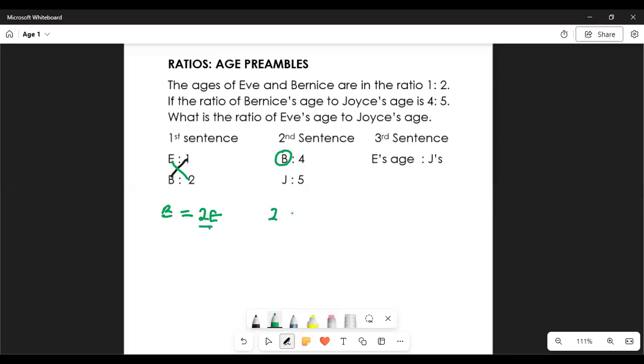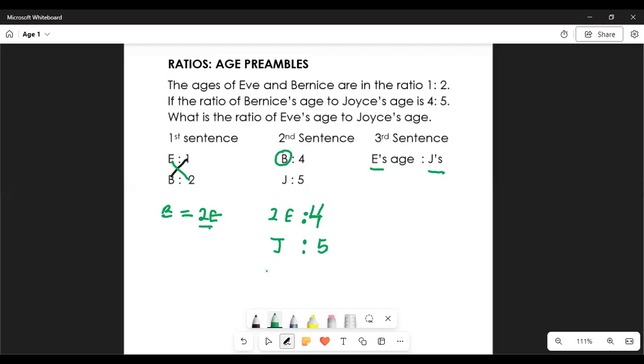So 2E is the same as 4, and Joyce's age is the same as 5. But then you want to map Eve's age to Joyce's age. So it means that we can do something here.